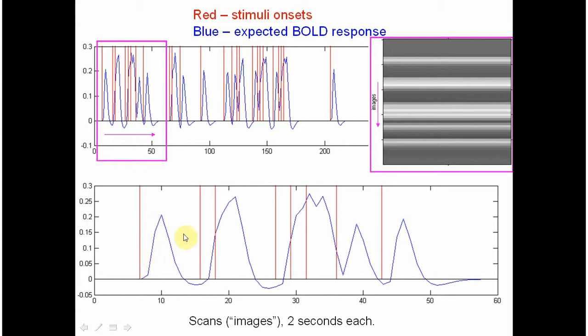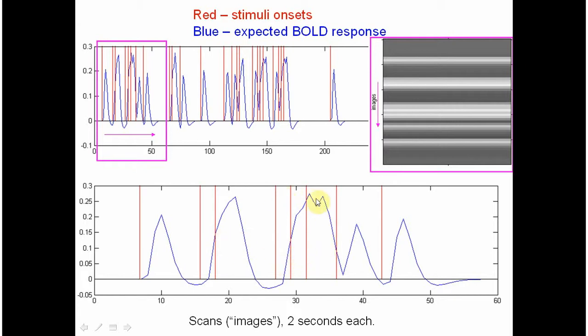This is the first expected response, and this is where it is in the design matrix. Here there are two presentations of the same category of the stimulus, and you see only one response, but it is bigger. This happens because the hemodynamic response is very slow in comparison to neuronal activation, and two responses just merge together and give you a slightly higher peak and a longer response.